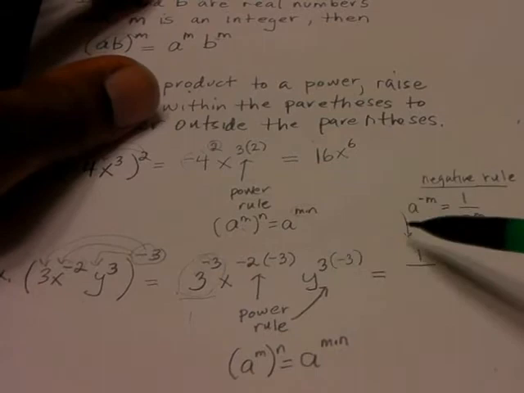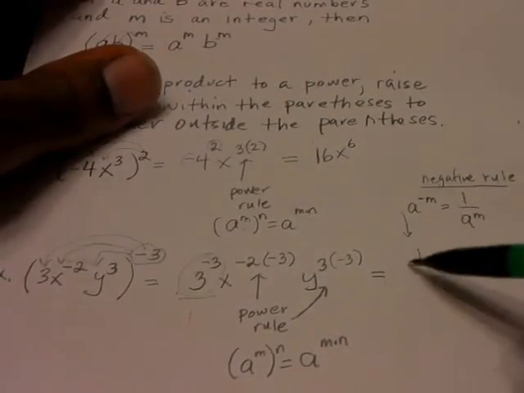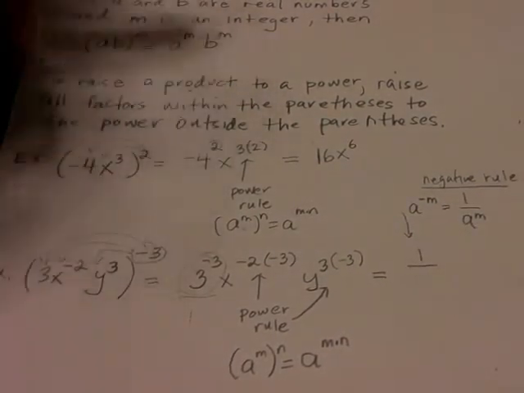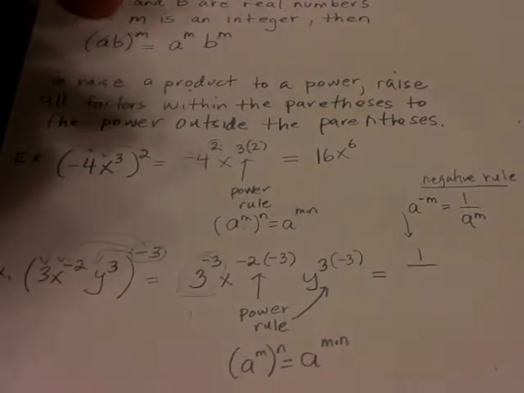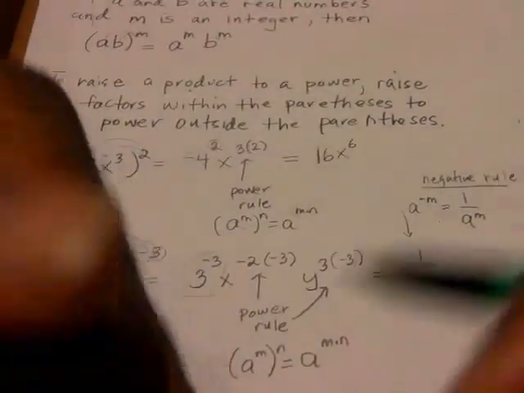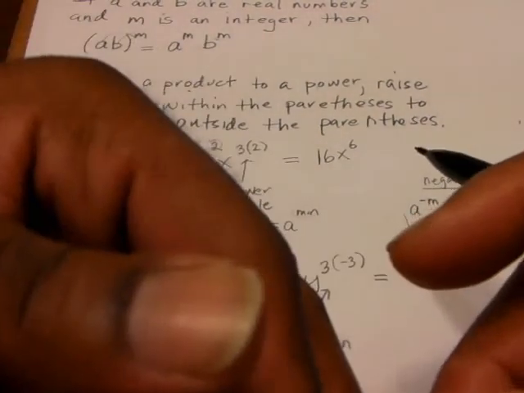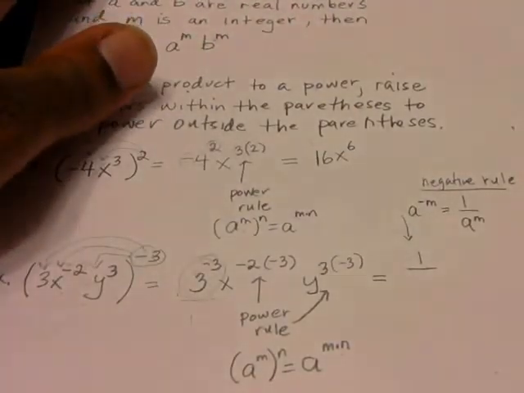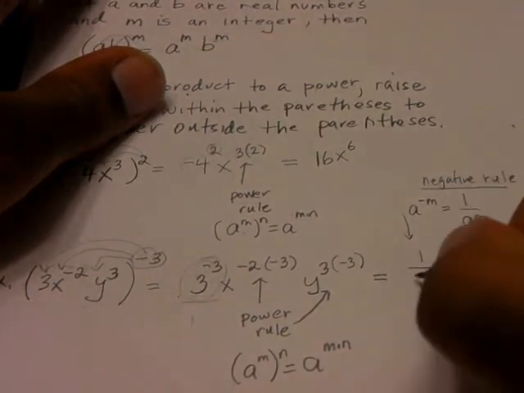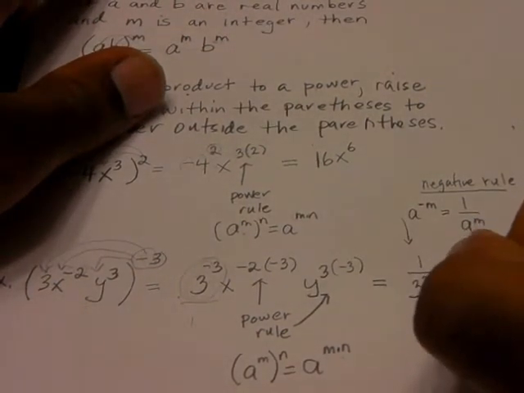But with this formula, it switches them in position so that if you have negative exponents in the numerator, they go to the denominator. If you have negative exponents in the denominator, then they go up to the numerator. And you'll see some examples later. And it renders it positive, okay?